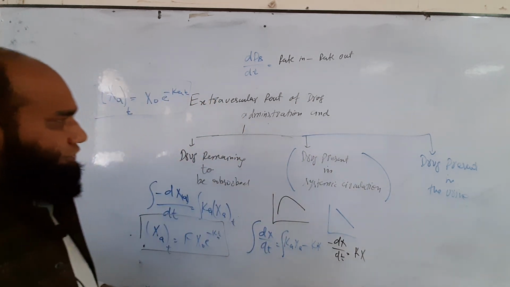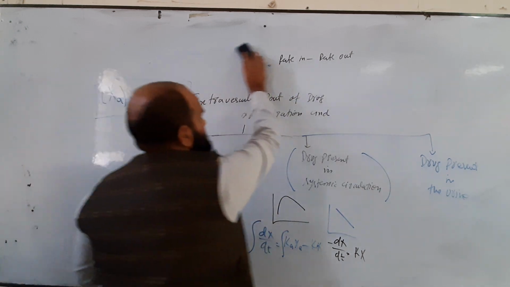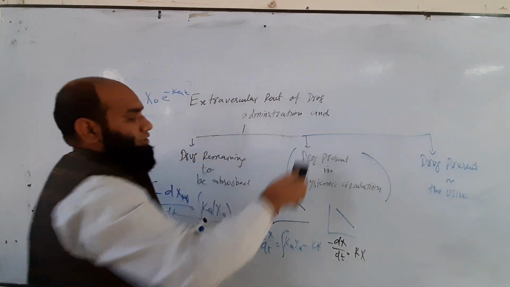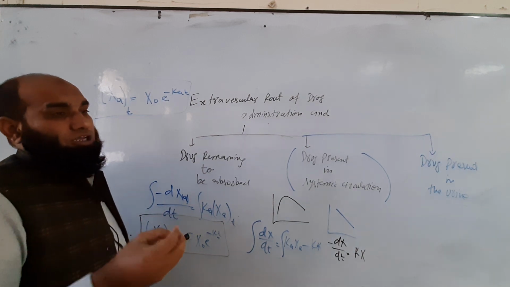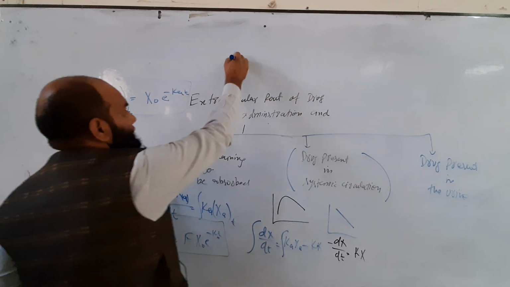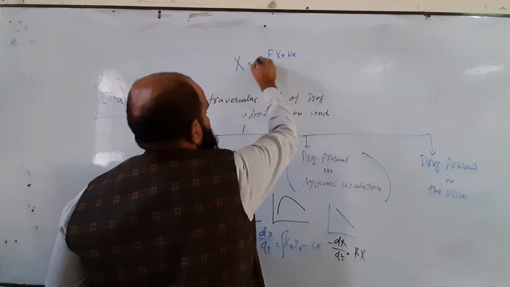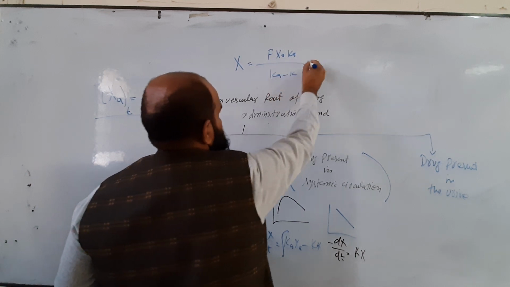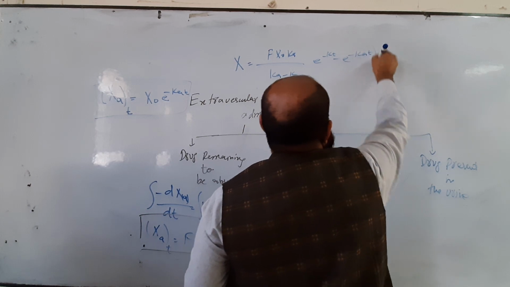By taking the integration, we can write the equation for the drug present in systemic circulation after getting absorbed through the extravascular route. The equation is x is equal to F X naught Ka over Ka minus K, times e to the power minus Kt, minus e to the power minus Kat.